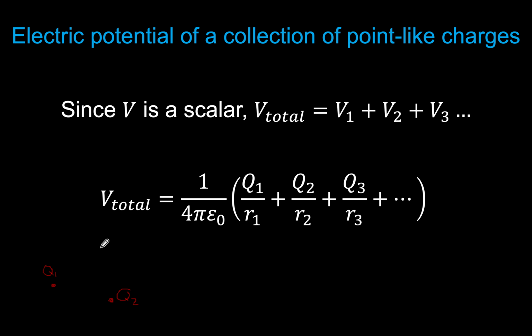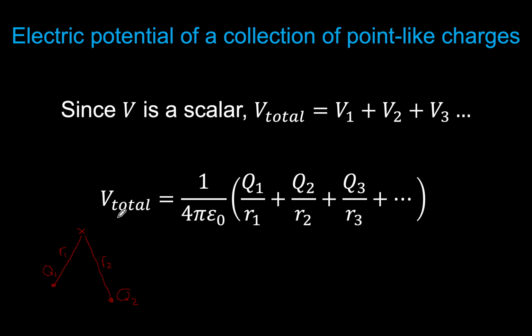We're talking about a location in space. So let's pick a location, let's say here. What is the electric potential associated with this location in space because of its proximity to these two charges? This distance from our charge Q1 to that point in space, that's R1. And this distance from our second charge to that same location in space, that's R2.